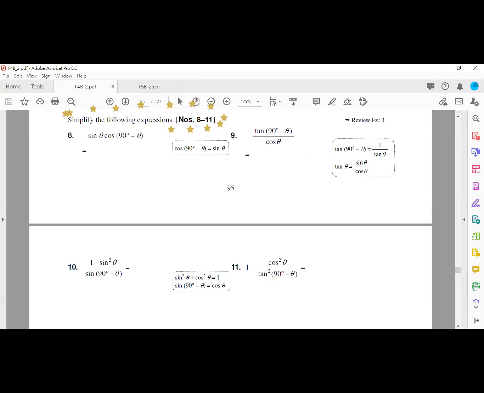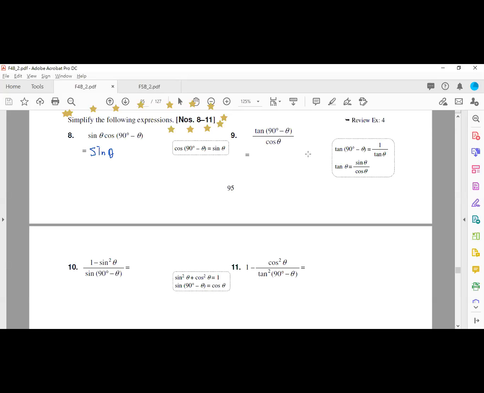cosine theta。做完呢兩個 check 之後，剩翻嗰啲就會好簡單㗎啦。得唔得？我哋嚟一次喎。Number 8, we have sin theta times cosine 90 degrees minus theta. So we need to handle the cosine 90 degrees minus theta first, which means that we just need to copy the sin theta.